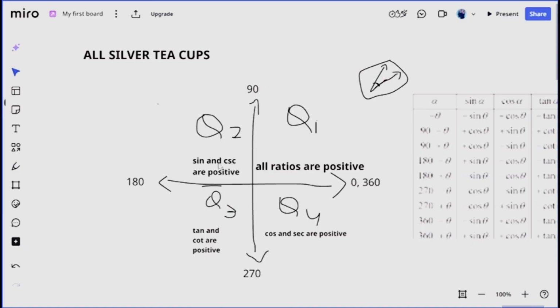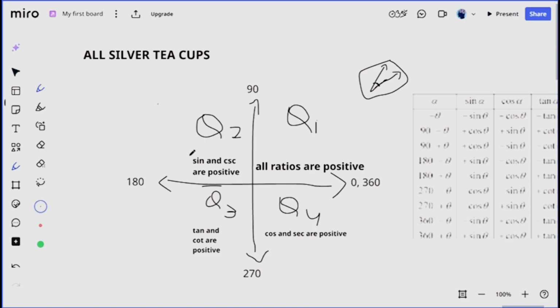I'm not going into the derivation, but I'll give you a slight idea of what actually that is. In the first quadrant, all ratios are positive. So let's take sin theta. Sin theta is opposite by hypotenuse.